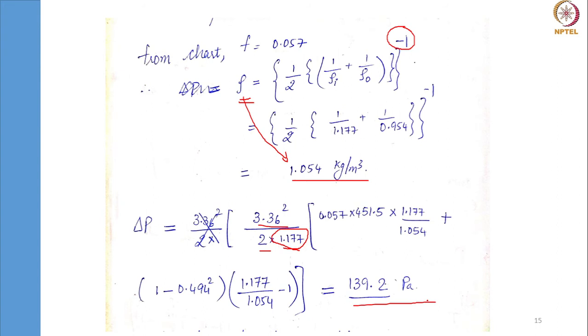So we get a pressure drop of about 139 pascals. So this is fairly a small pressure drop, 0.14 kilopascals, because the operating fluid is in vapor medium, that is air. So 0.14 is a reasonably small pressure drop.